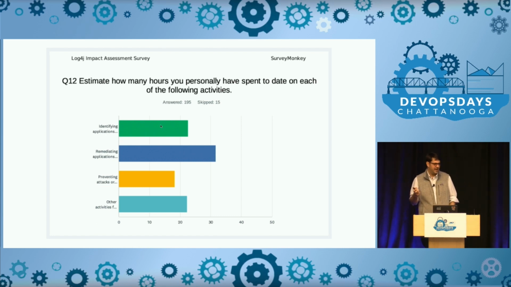It's not exactly a huge sample size, about 200 people, but the average was, I think, 23 hours of people spending 23 hours just checking for vulnerability in their own applications. Then the blue line there is remediating, and the rest of it is dealing with actual attacks and other activities at the bottom.